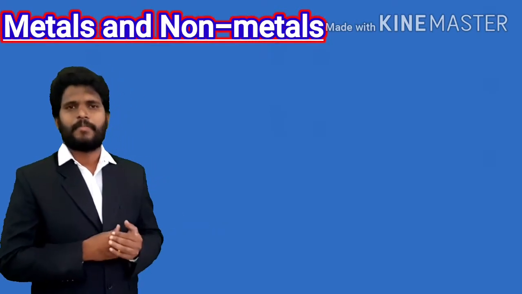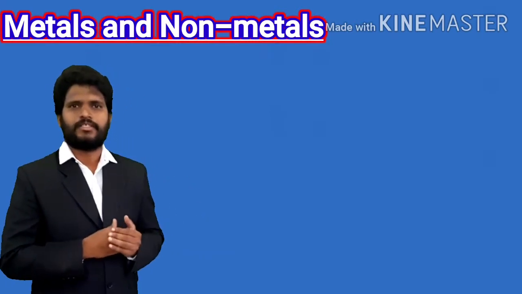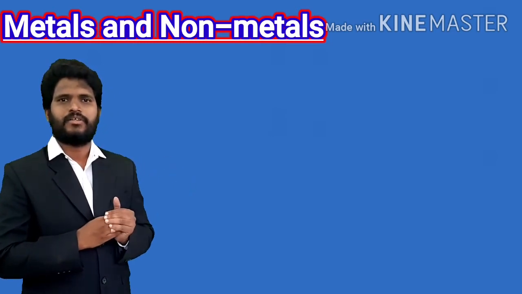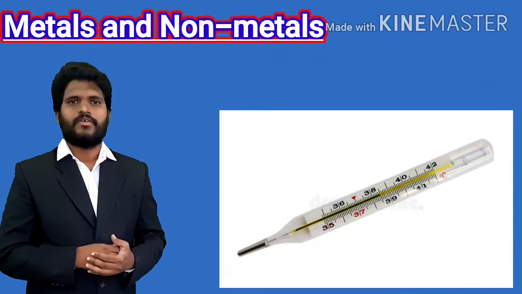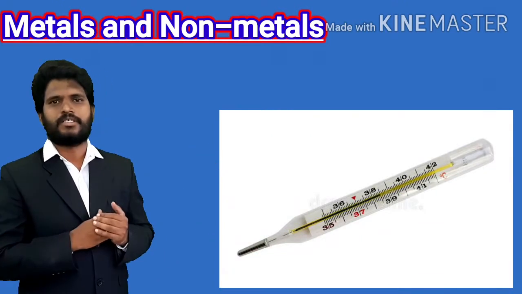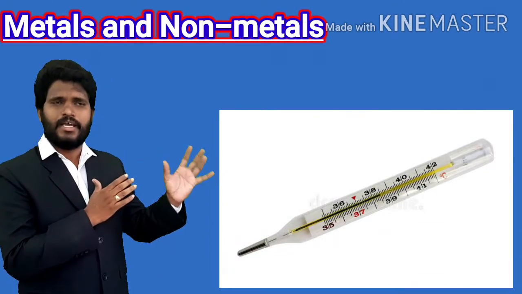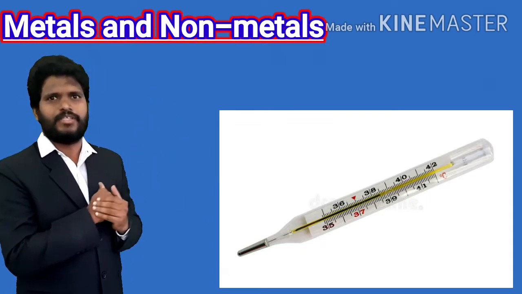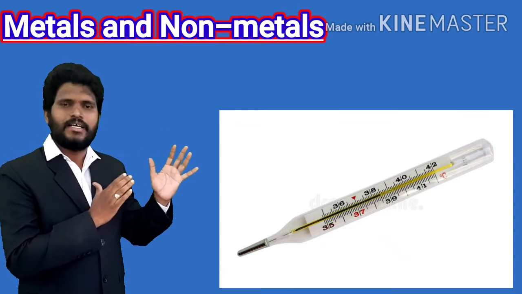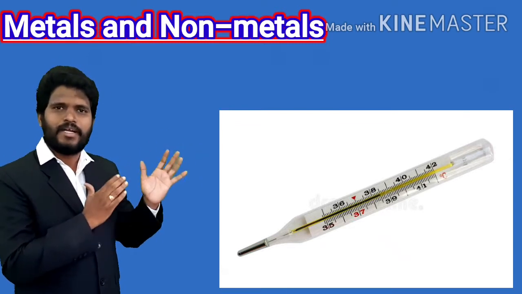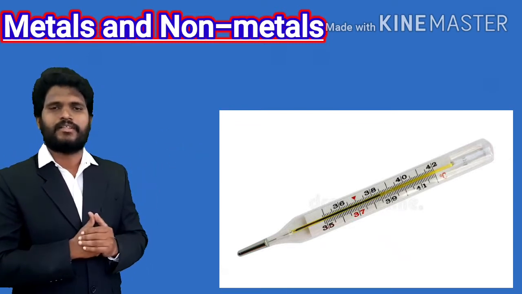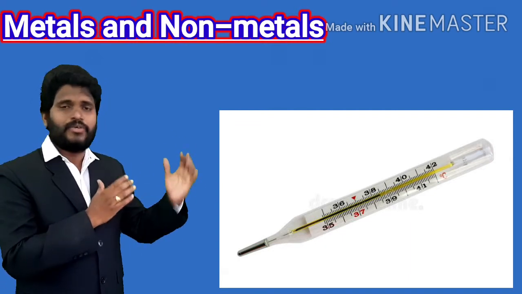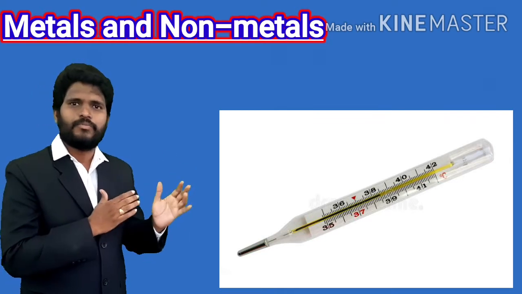If you go to the doctor, he will check our body temperature with the help of a thermometer. In the thermometer, we can observe a liquid. That liquid is a metal, that is mercury. So mercury is liquid at room temperature.